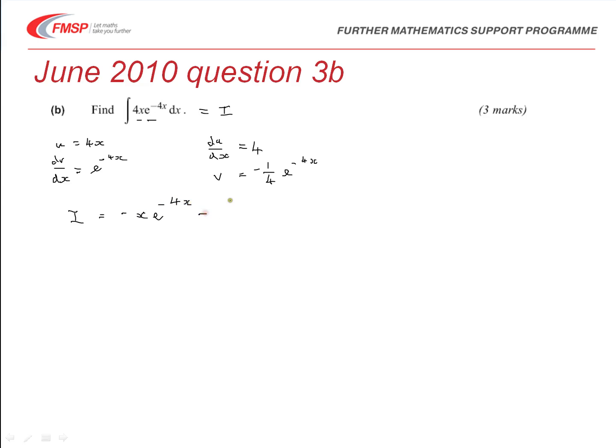Then it's minus the integral of v, well v is minus a quarter, so that will give us plus a quarter e to the minus 4x times 4 from the du by dx.